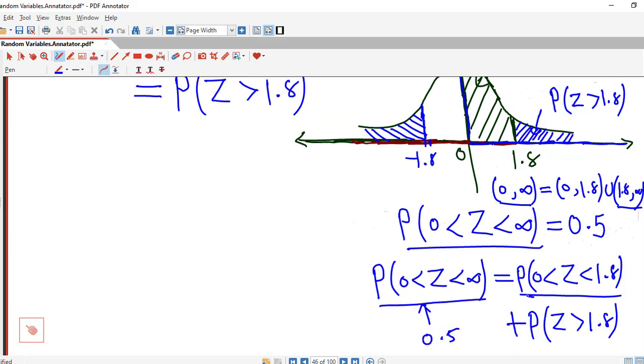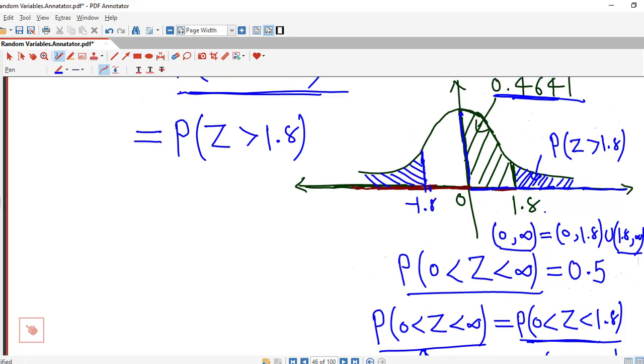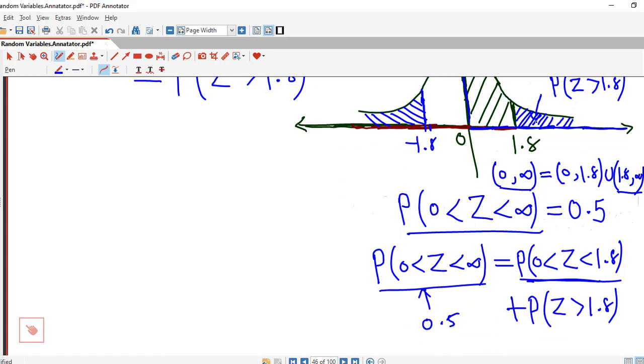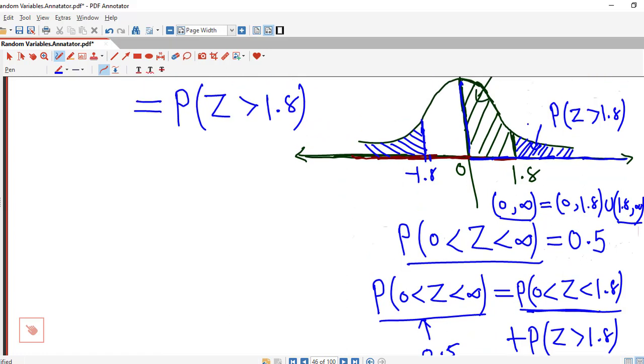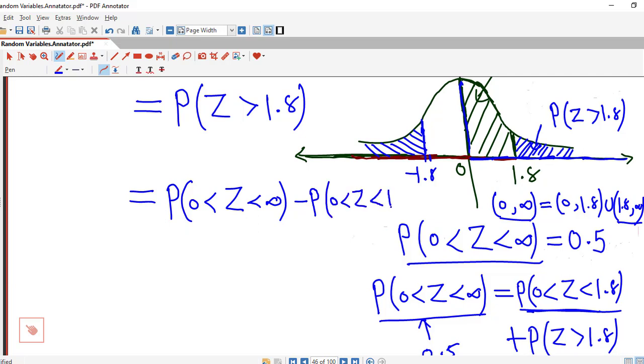This area is given, it is 0.4641. So the probability that z is greater than 1.8 is nothing but the probability that 0 less than z less than infinity minus the probability that 0 less than z less than 1.8.